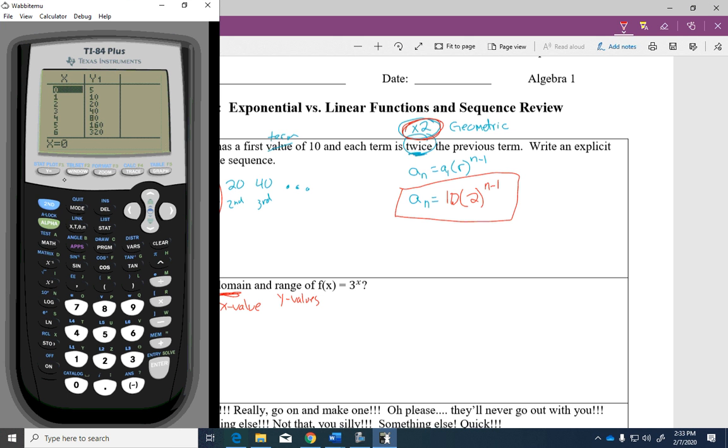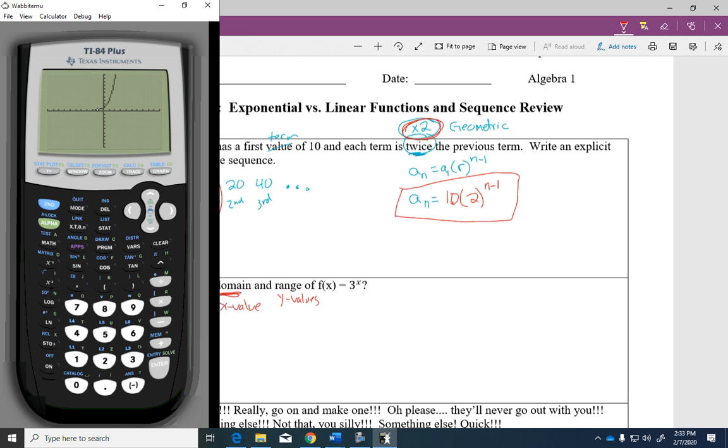If we take a look at this graph on the calculator, I enter in y equals 3 to the x power. And I'm going to do a zoom 6. I love looking at the standard view. Sometimes I zoom in by picking a different window, but this looks good enough to me.